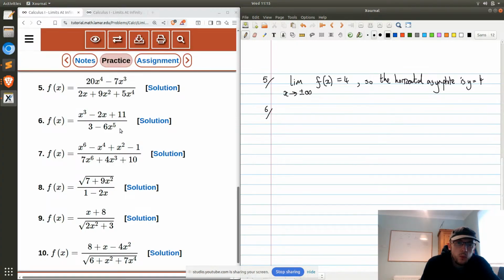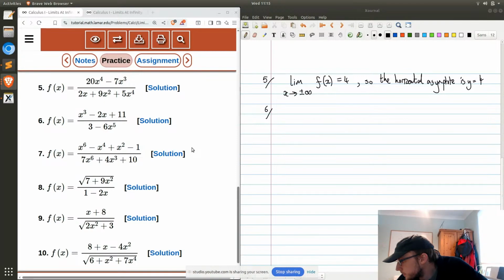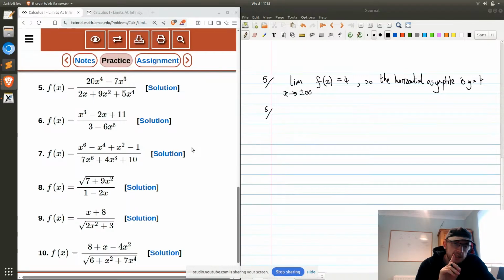Here we have a cubic over a quintic, a third degree polynomial over a fifth degree polynomial. And so it's behaving like 1 over a quadratic.